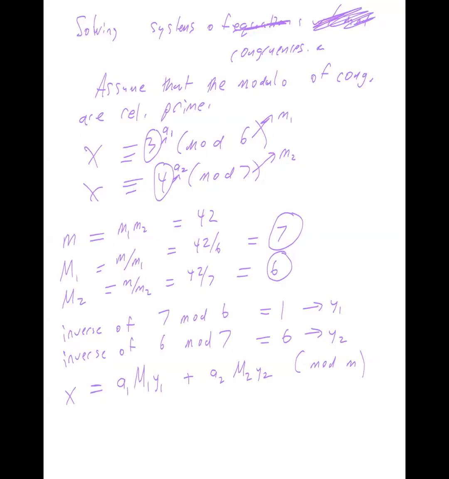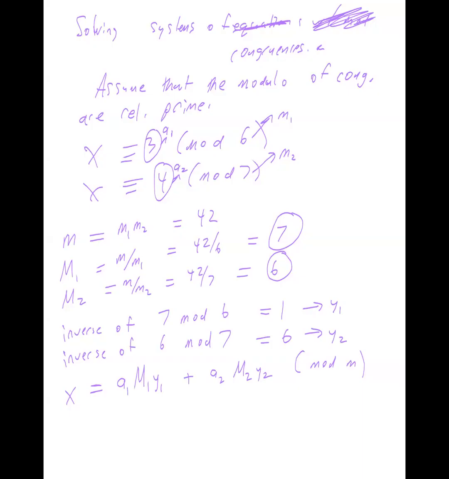Now, you might scratch your heads and say, well, what about this part, though? Well, remember, M2 has M in it, right? And M is equal to 6 times 7, right? So since 6 divides into M2, that means that the remainder of this part is going to be 0. So when you plug the second term into the first equation, 6 is going to divide right into M2, and you're going to get a remainder of 0.